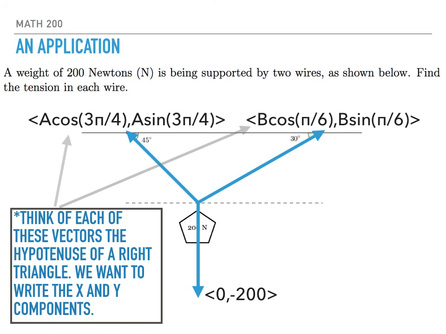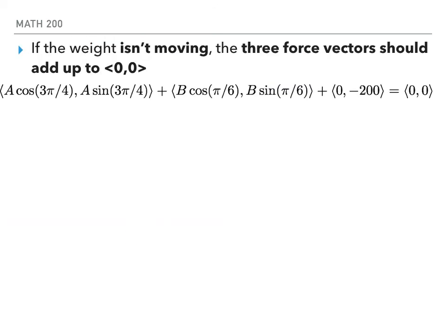Once we have everything vectorified, now we can get rid of the picture altogether. If the weight isn't moving, that means the forces have to cancel out. That means the force vector on that point of intersection is 0, 0. So those 3 vectors, the one that goes to the left, the one that goes to the right, and the one that goes straight down, the sum of them has to be 0, 0.